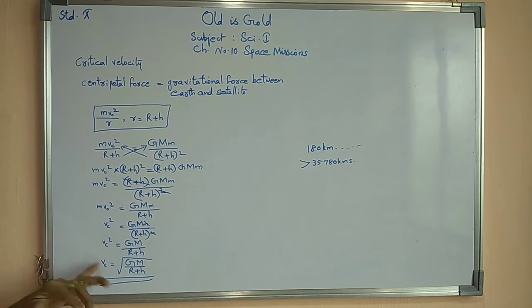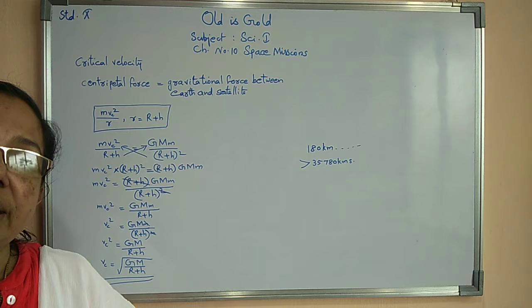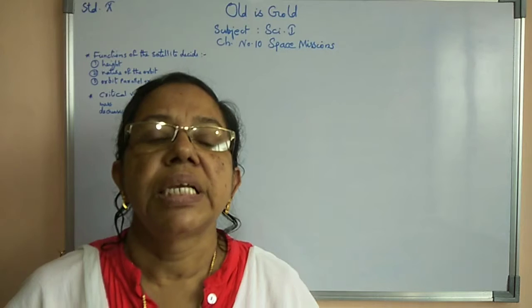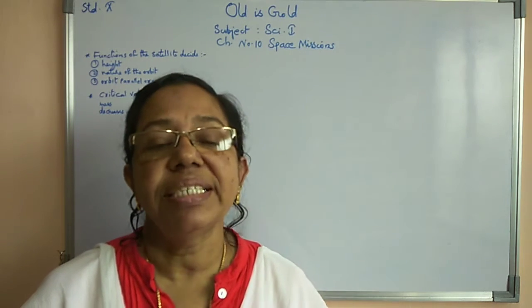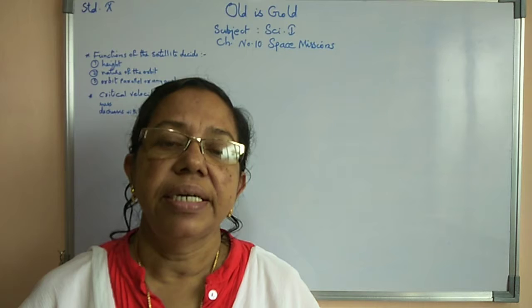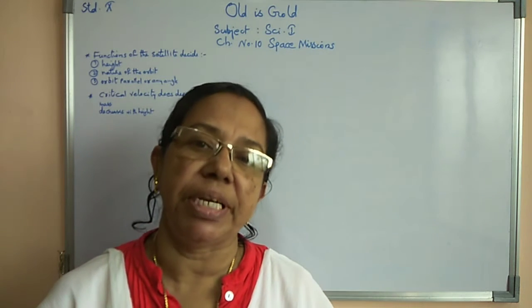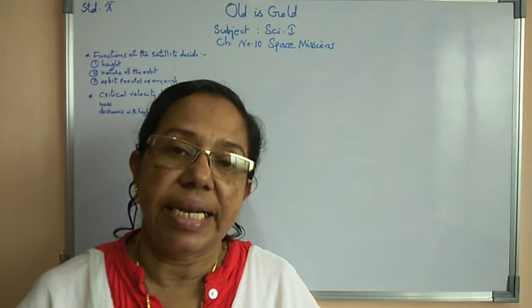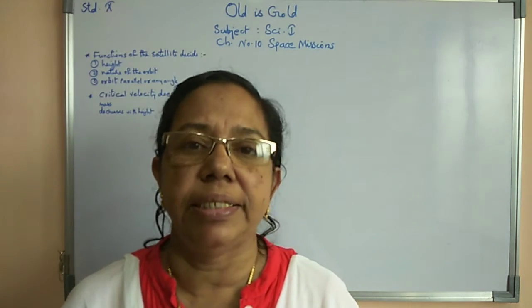Using this formula we can find the critical velocity of every satellite moving around the earth. Satellites help in doing different functions. The function of a satellite is decided by the height from the surface of the earth at which it is placed.